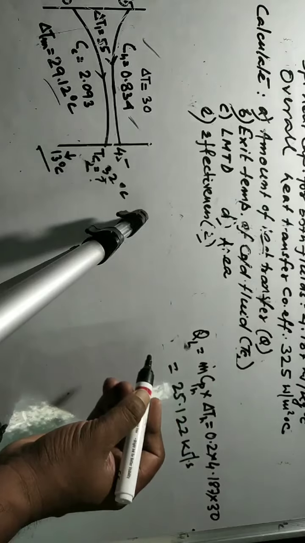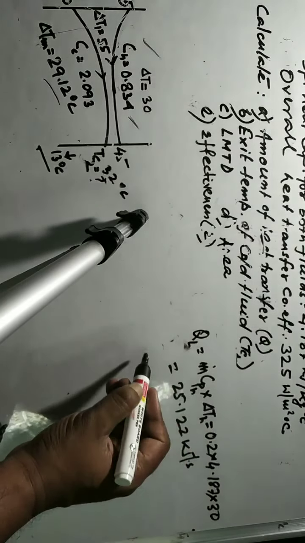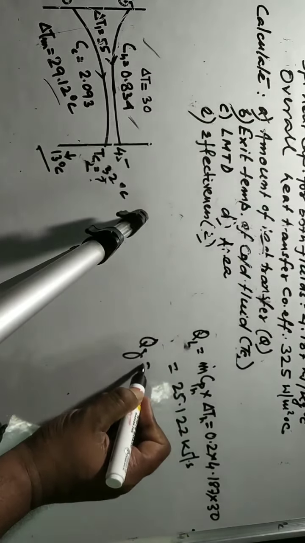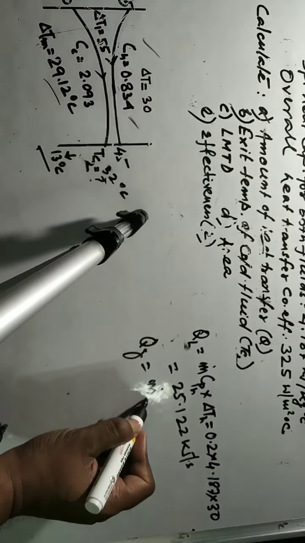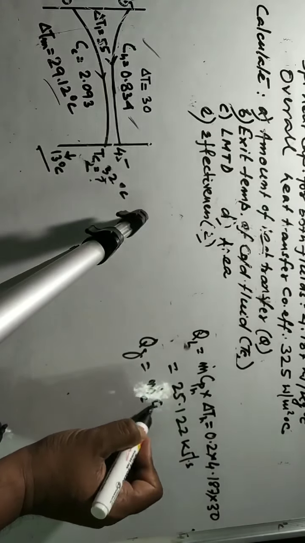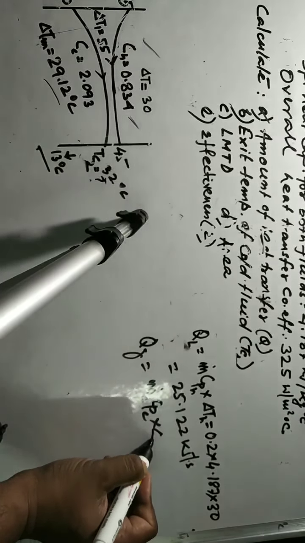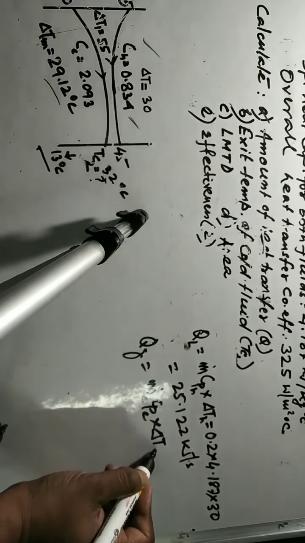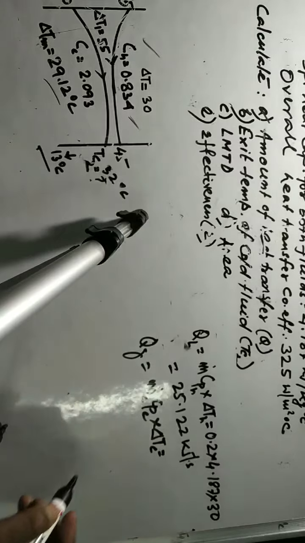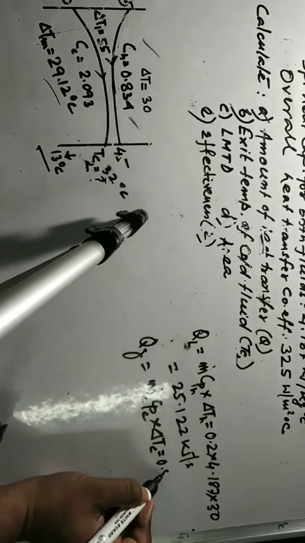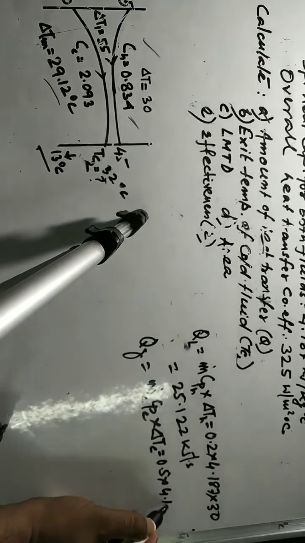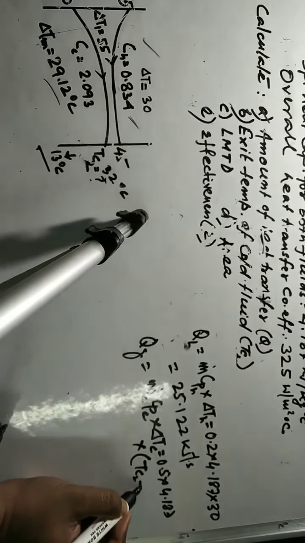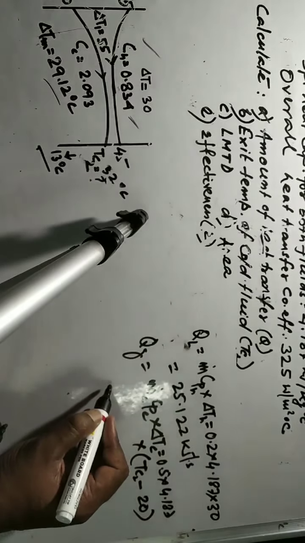The same amount of heat is gained by the cold fluid. So cold fluid heat gain is m_c c_c, the specific heat capacity, into temperature difference for the cold fluid. So it will be 0.5 into 4.187 into (TC2 minus 20).